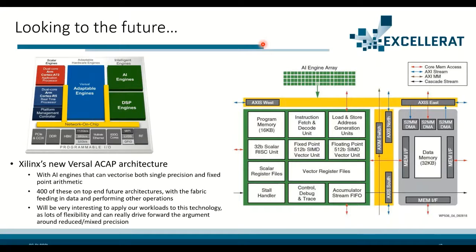Each of these is going to have about 400 of these AI engines. They're going to be optimized to heavily vectorize floating point or fixed point arithmetic, and potentially will be a game changer, playing with the different levels of precision, and also moving to fixed point. On current generation chips, I don't often see a huge benefit moving to single or half precision.